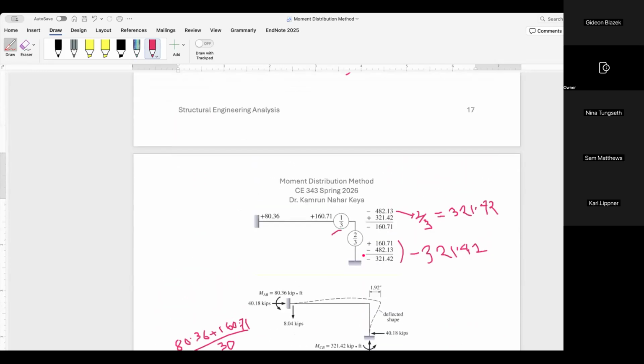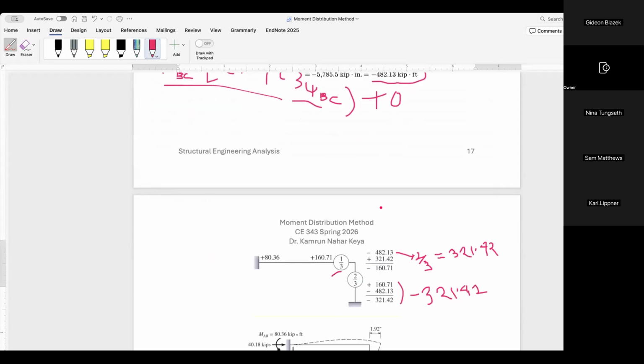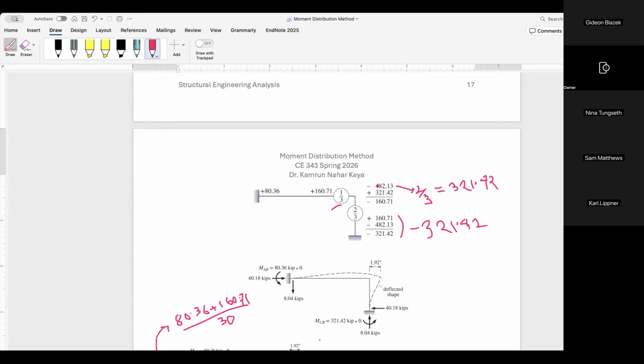And now we have to start distributing this moment for BC. Look at that one. So they want to confuse you a little bit. That's why they wrote lots of stuff. So you start from minus 482.13, multiply with 2/3, then you get this value.